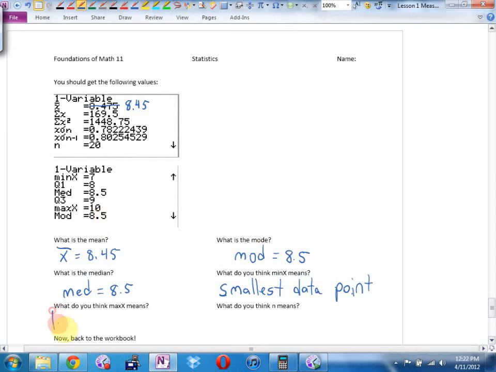Yep. Hey, Nicole, n equals what? What do you think n means? Where was the 20 appearing? The number, hey, that's why they used n, of data points.